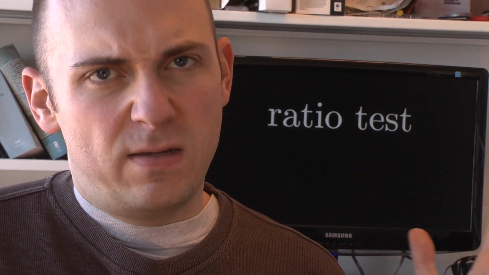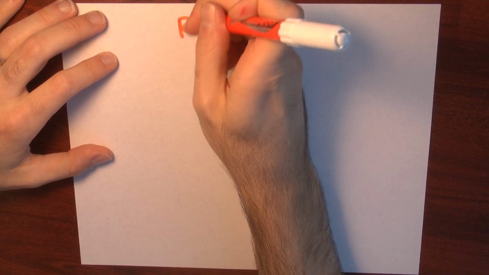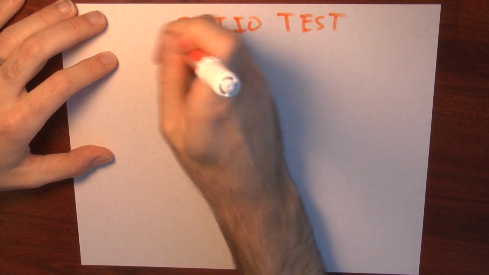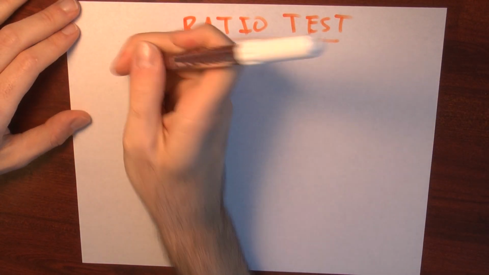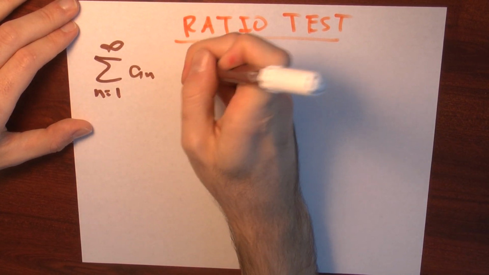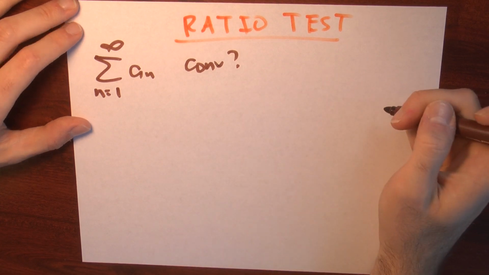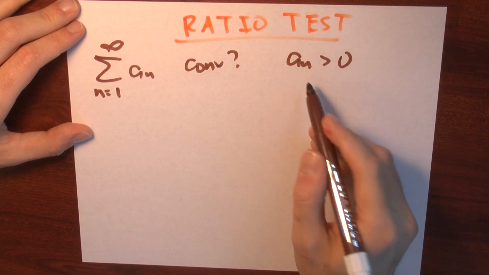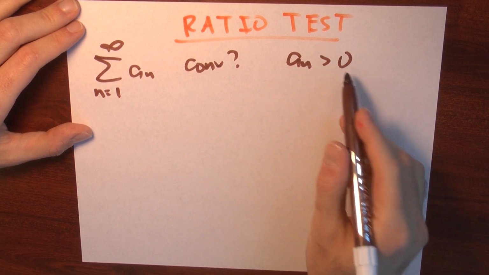We can summarize this. So here's a statement of what's normally called the ratio test. I want to know whether the series n goes from 1 to infinity of a sub n converges or diverges. And I'm only going to study series, the terms of which are all positive.